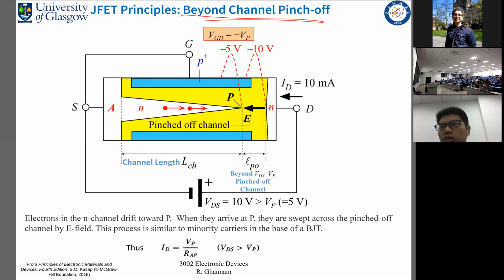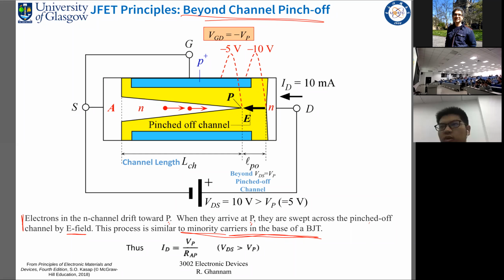And as I've just discussed with you, the electrons in the N channel drift towards the point P. When they arrive at P, they are swept across the pinched-off channel by an E field. This process is similar to minority carriers in the base of a BJT. Okay, so this is very similar to the case of a BJT as a result of increasing the reverse bias voltage, which increases our strength of the electric field.